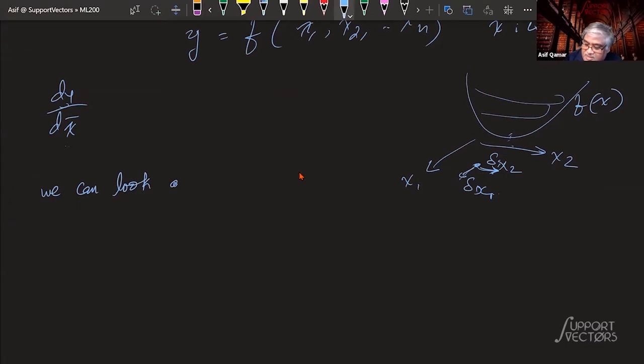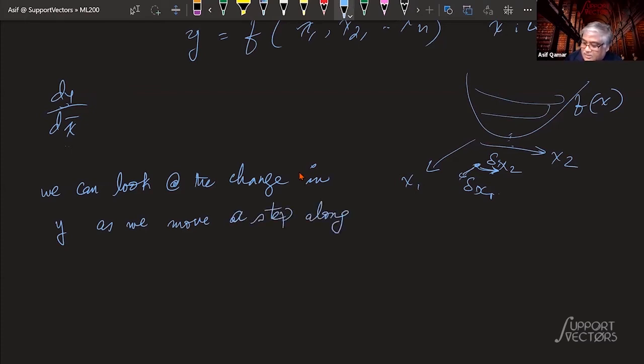So we can look at the change in y as we move a step along one of the variable axes.